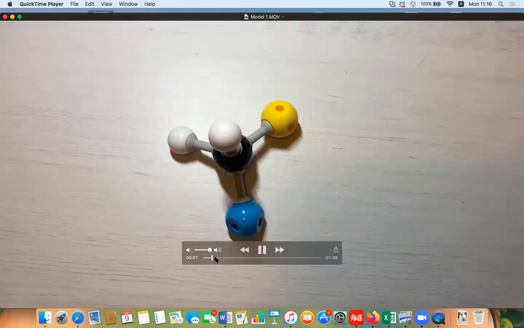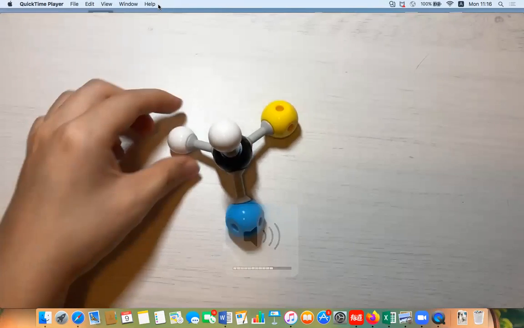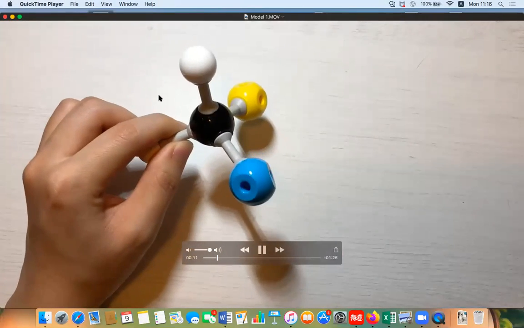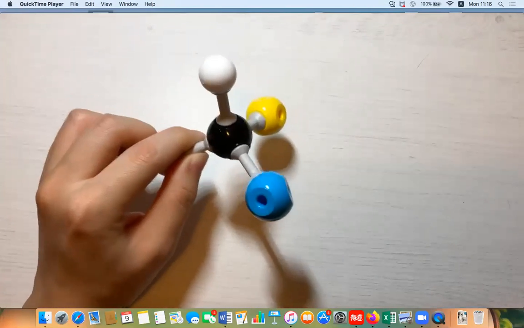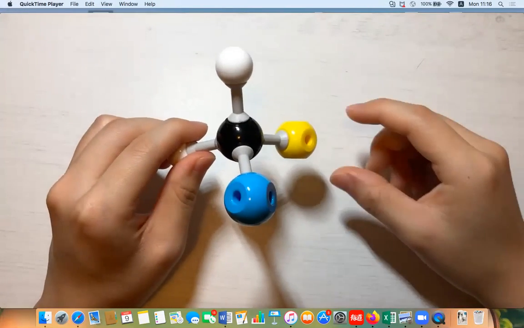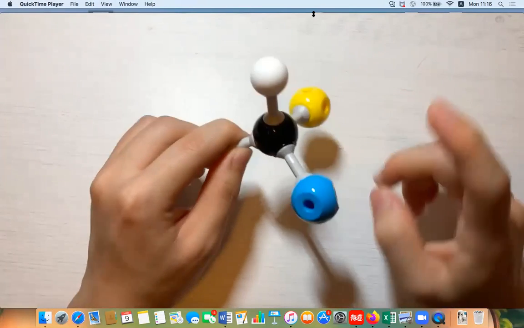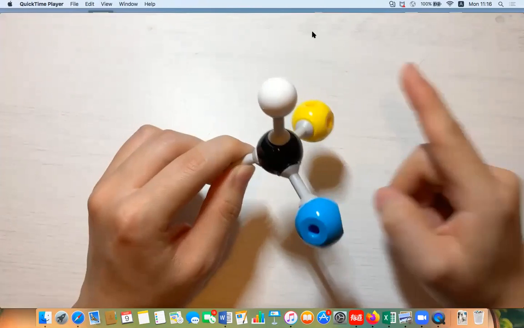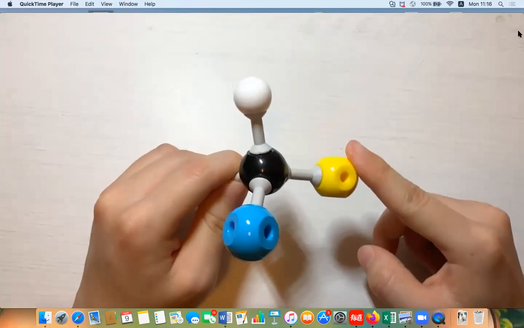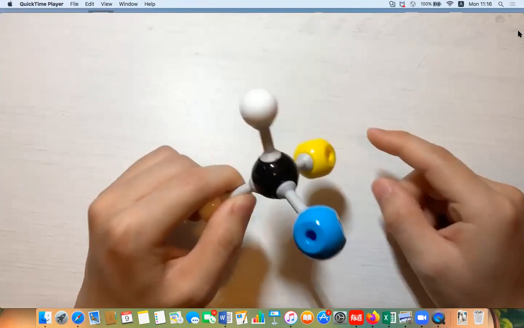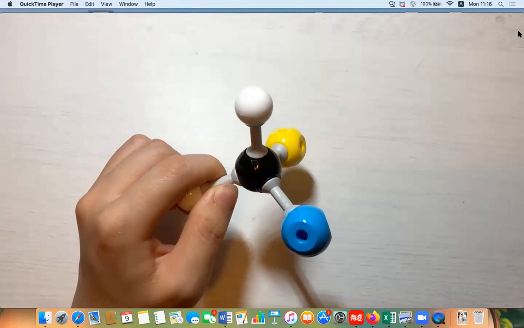Example 1, bromochloromethane. This is the molecule given for example 1, and I have built a model. To distinguish between different atoms, I use white to represent hydrogen, blue to represent bromine, and the yellow one to represent chlorine. The first step is to find out its mirror image.